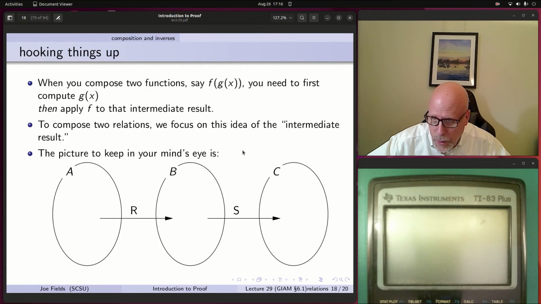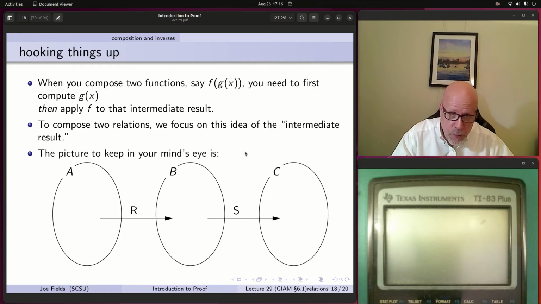Here's the picture to keep in mind. You're going to usually, in the generic case, have 3 sets, although they could all be the same, I suppose, too. But in the heterogeneous case, you'll have A, B, and C. And there's a relation R that goes from A to B, and a second relation S that goes from B to C. And you're chaining those together. Okay.